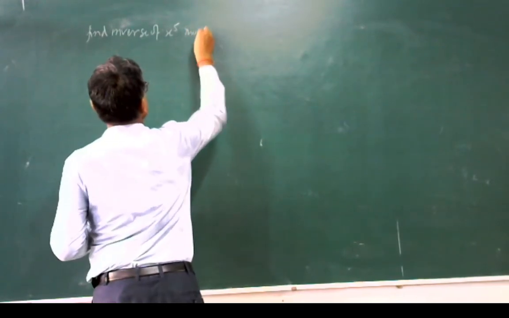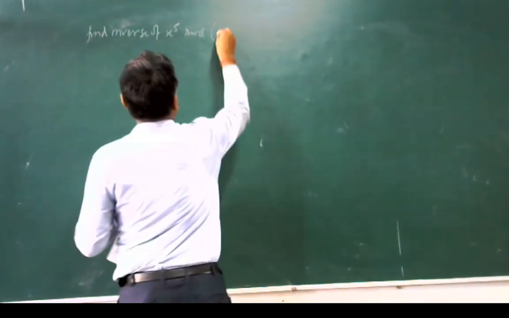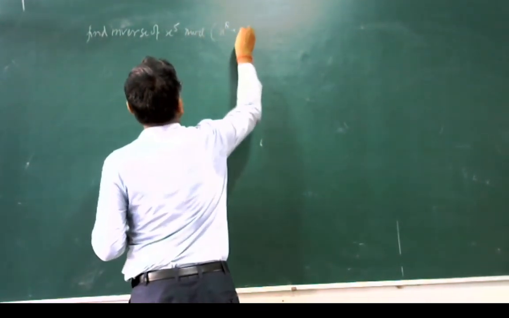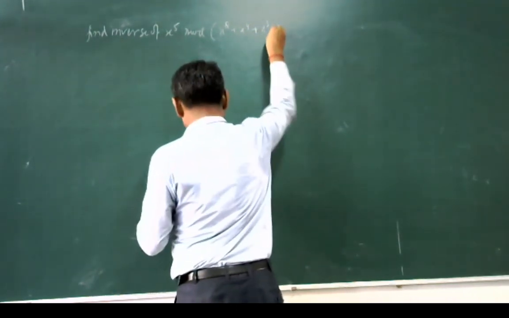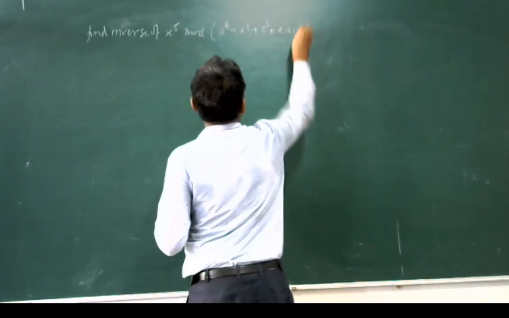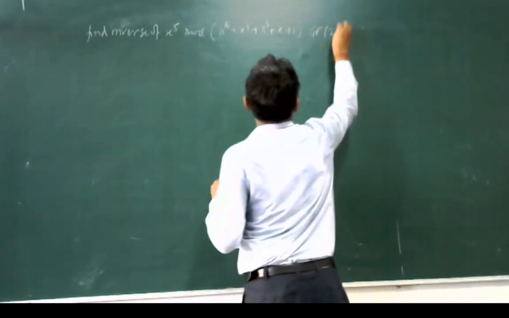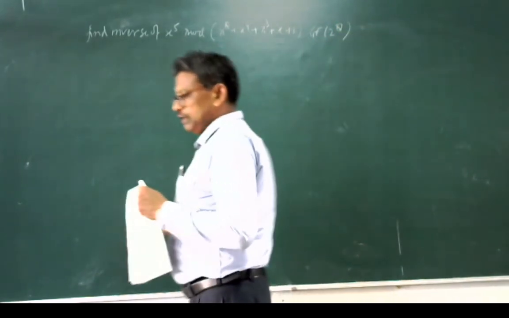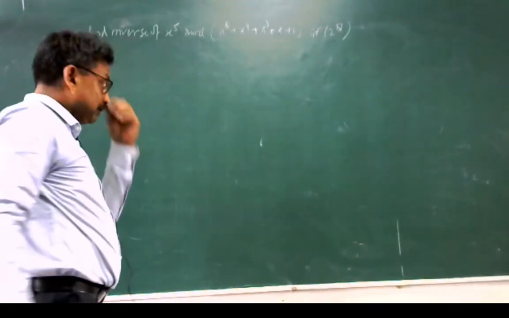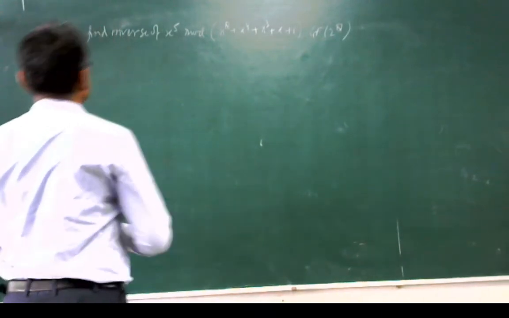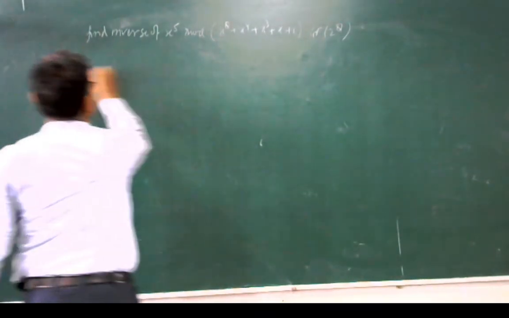Modulus value is given, mod x to the power 8 plus x to the power 4 plus x to the power 3 plus x plus 1 in GF 2 to the power 8. If the mod value is not given, then you are unable to find out the multiplicative inverse. So if it is so, then we will do the same process.